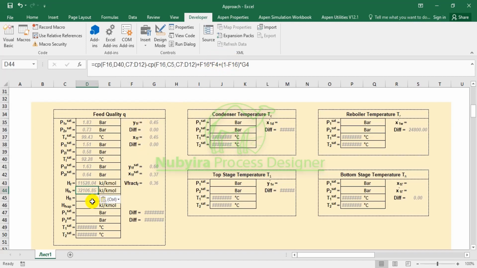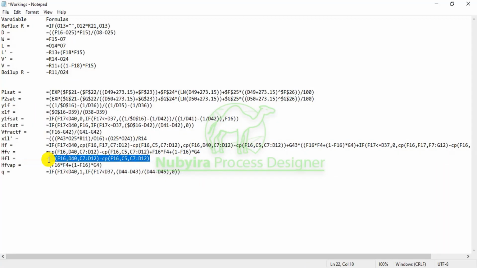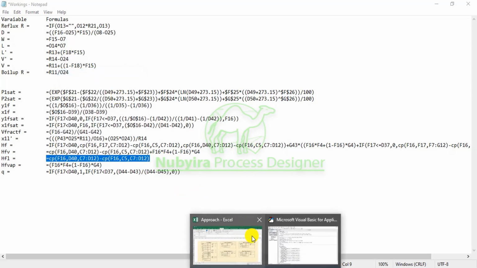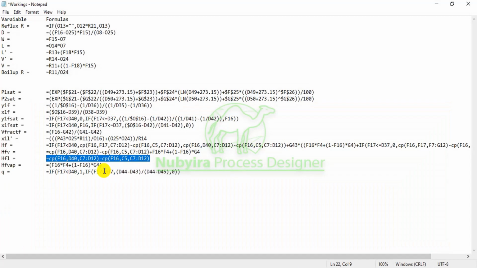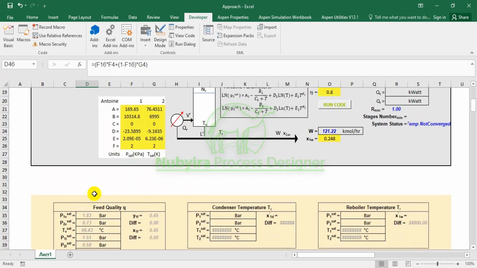Then we have the saturated liquid of the feed, then the heat of vaporization of the feed. So with this we can easily calculate our feed quality.